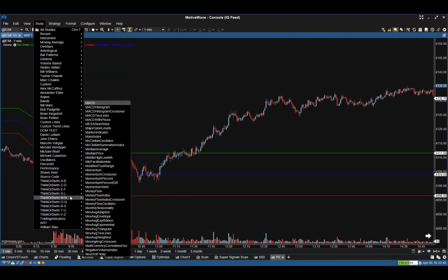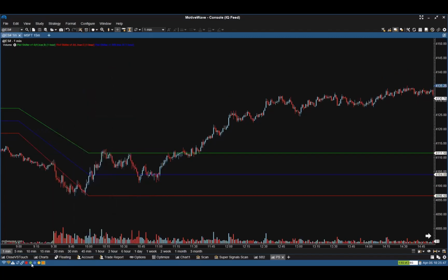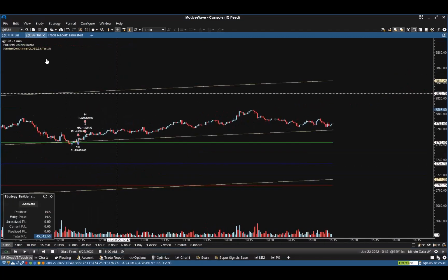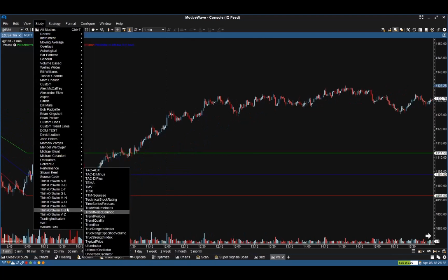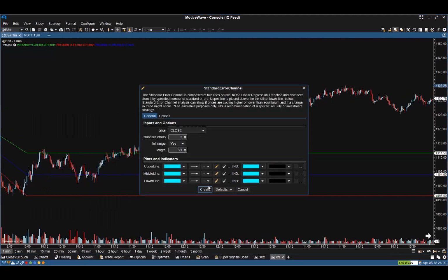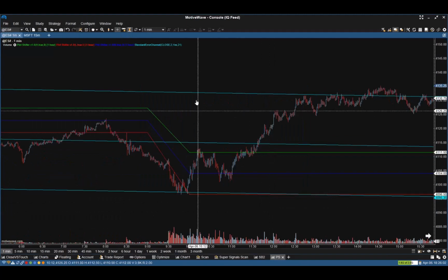In this strategy, I'm actually going to use an indicator from that pack called the standard dev channel. And this, I believe, is based on linear regression lines and a channel. So let me find this right here, standard error channel. And here it's these blue lines here.